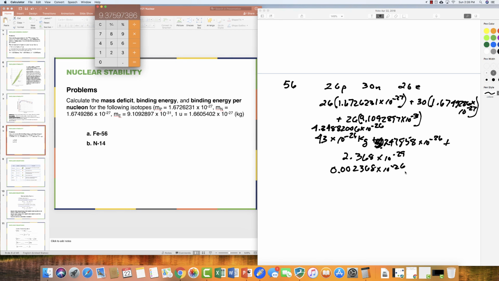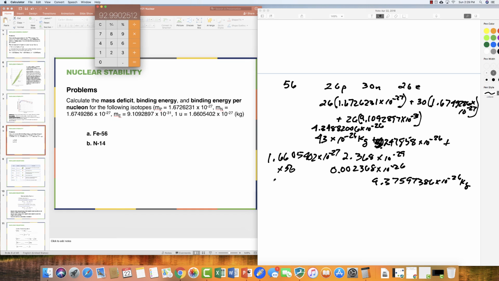If we add all these three up together, we get 9.37597386 times 10 to the minus 26 kilograms. Now, where do you get the other number? You get it by multiplying 56 times this number right here, 1.6605402 times 10 to the minus 27 times 56.